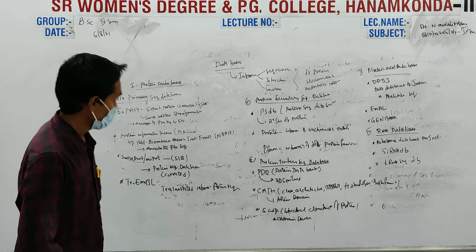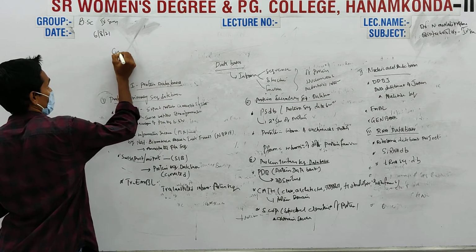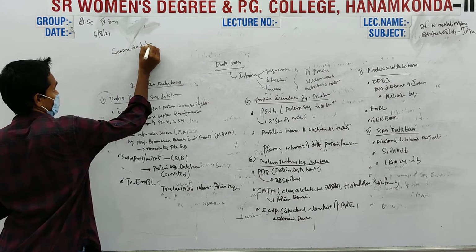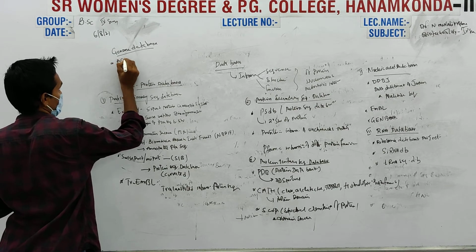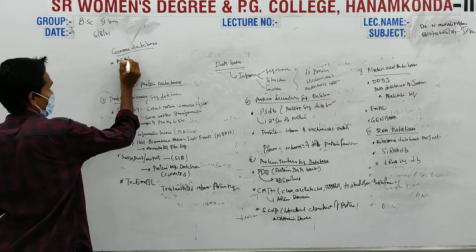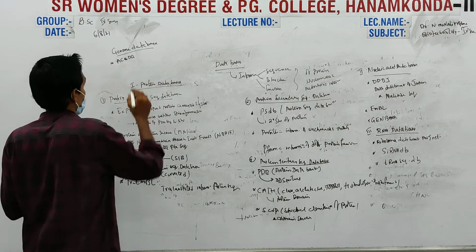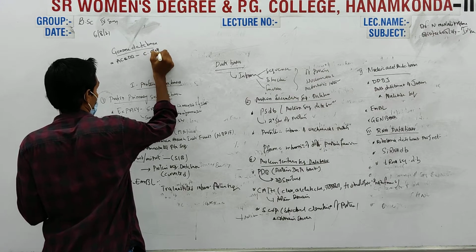Next, whole genome databases. The first one is ACEDB, for C. elegans.